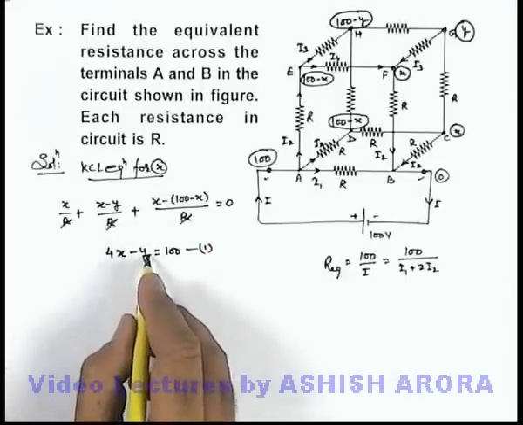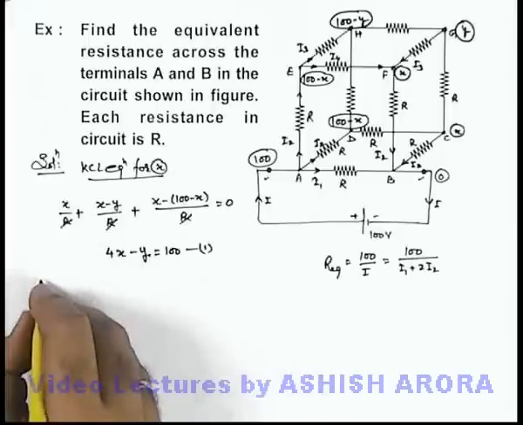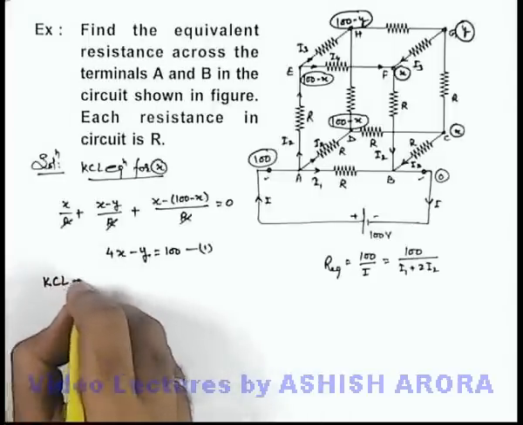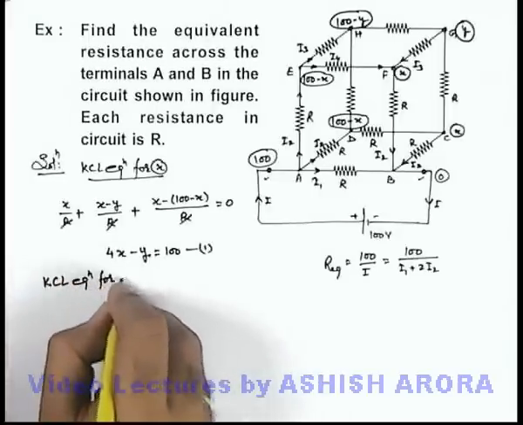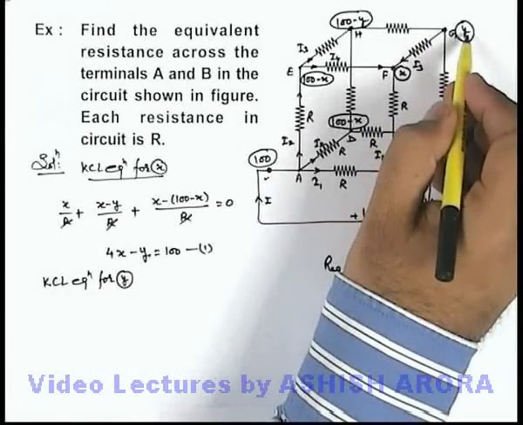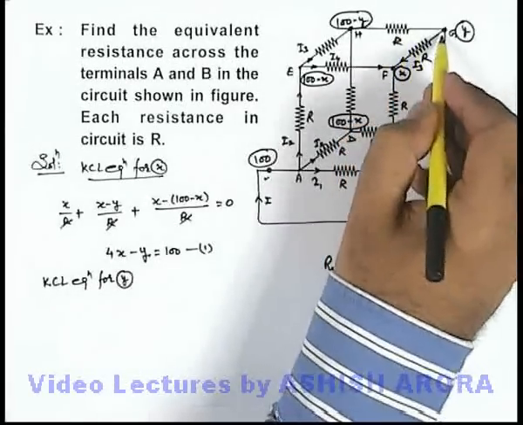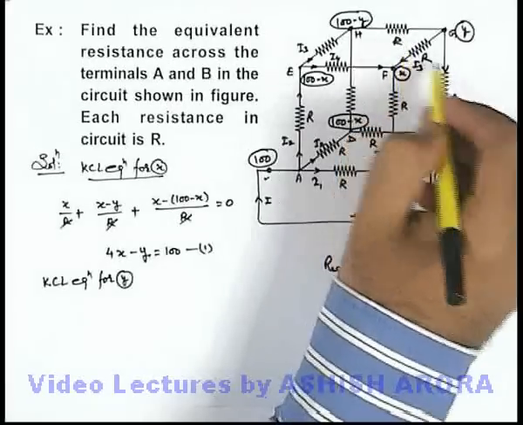Now we need to substitute the value of Y, then only we can get the value of X. So we need to write another KCL equation, that is for the potential Y. So for the junction G where we have taken the potential as Y, if we write down the KCL equation for all 3 branches, outgoing currents equal 0.